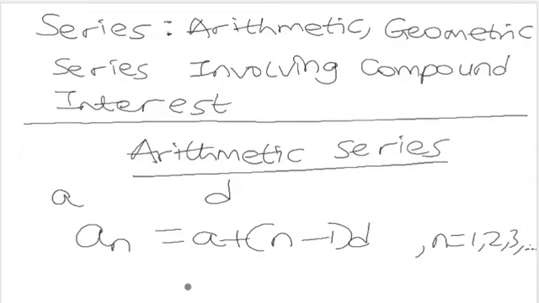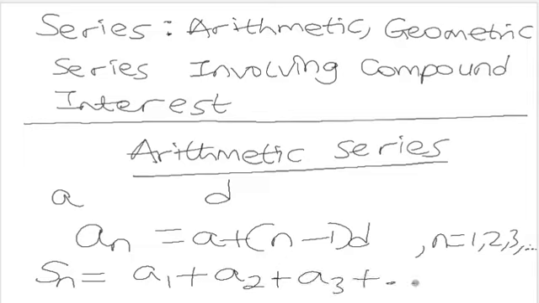Now, if we are defining the arithmetic series, that means we're talking about the sum of the first n terms of the arithmetic sequence. So, let's say you've been given an arithmetic sequence A1 to AN. If you're talking about arithmetic series, you're talking about the sum Sn, which is A1 plus A2 plus A3 up to AN.